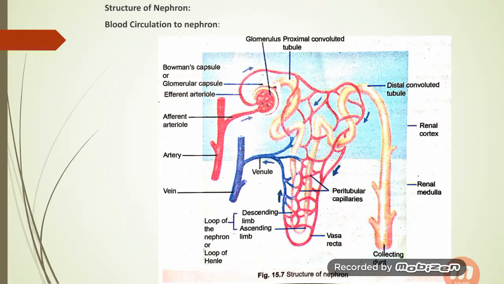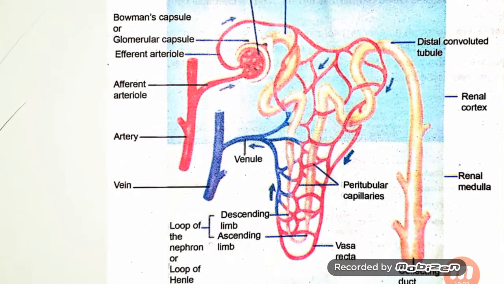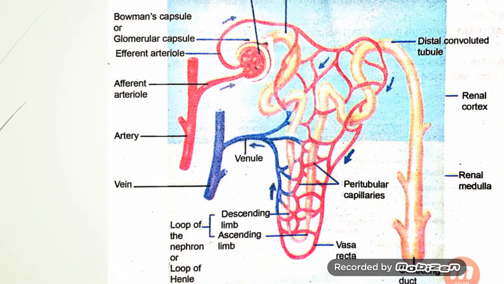Another structure that is present at the base of the whole nephron is called the loop of Henle. Loop of Henle contains the descending and ascending limb. Now you can see the darker, thicker tubes which are surrounded by the capillary network. They are called ascending, which are going upward, and descending, which are going downward limbs.